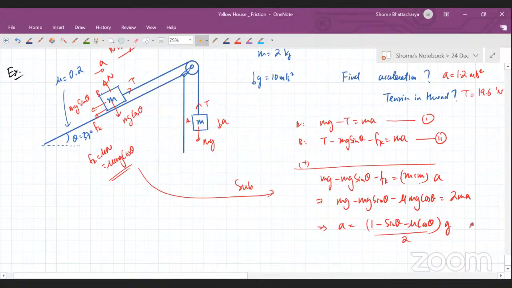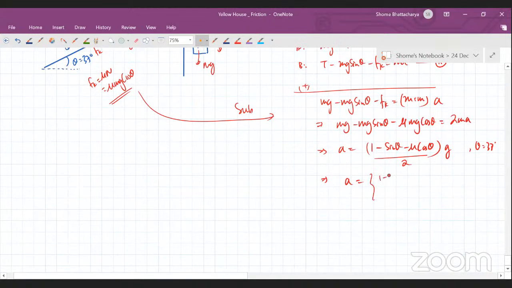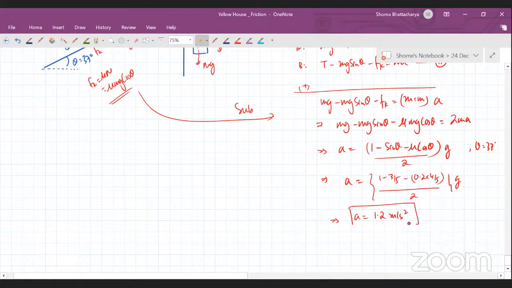Then put theta as 37 degrees. And then substitute this in equation 1.